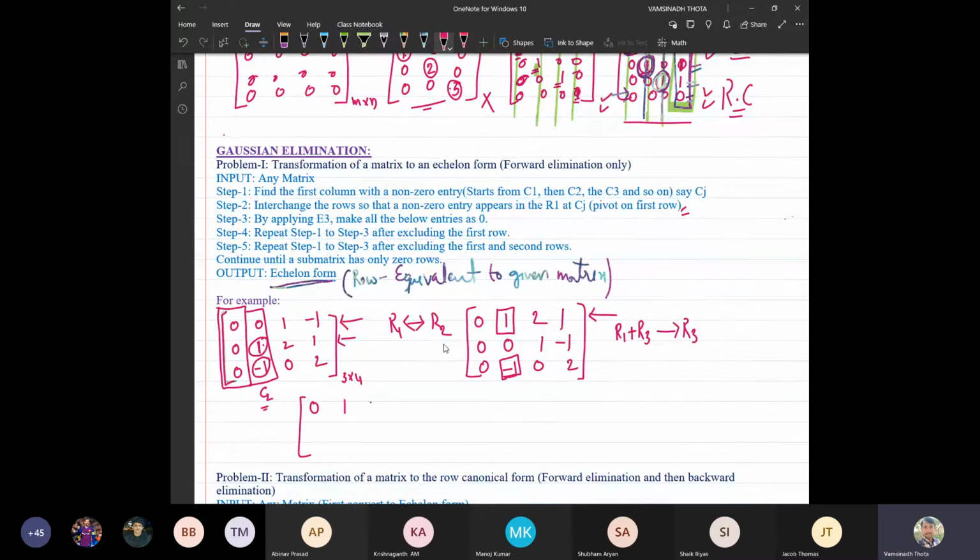First row, no change. Second row, no change. Third row, this will become 0, this will become 2, and this will become 3. You have to correct me if I commit any mistake, because even a plus or minus mistake will lead to a huge problem. Okay. So this step is also done.